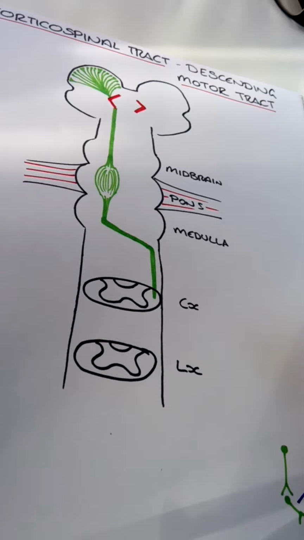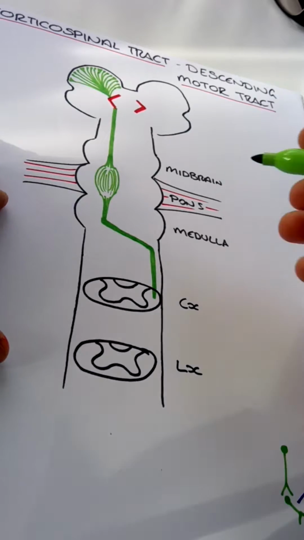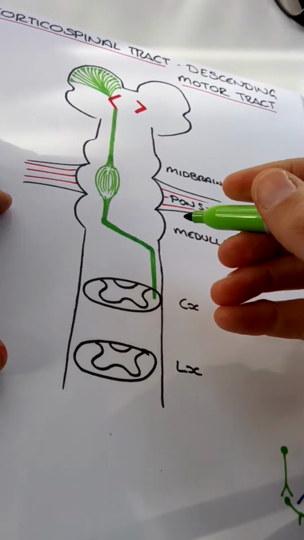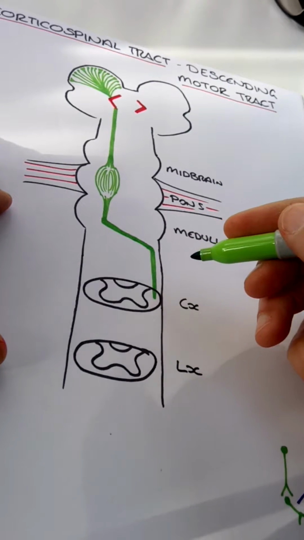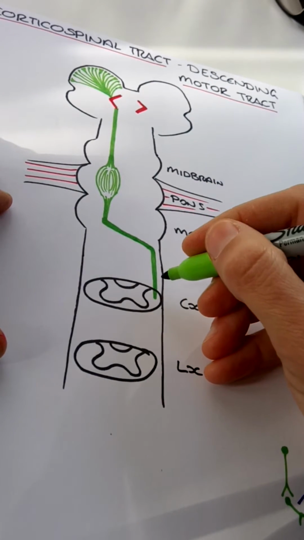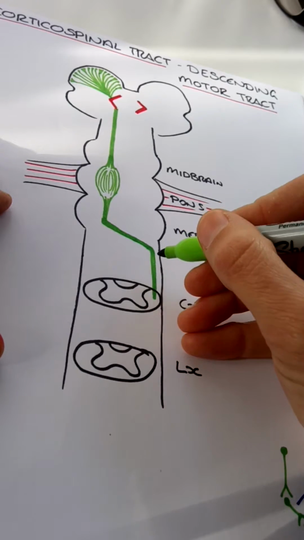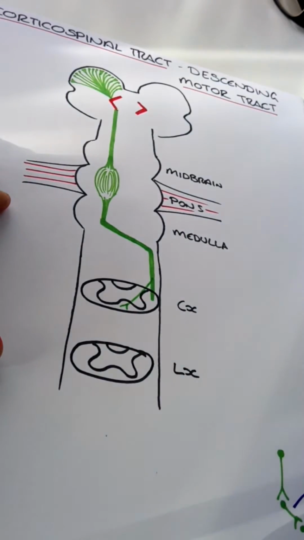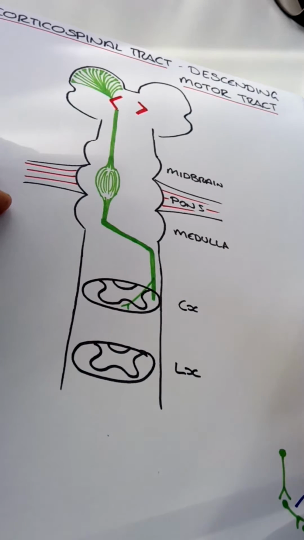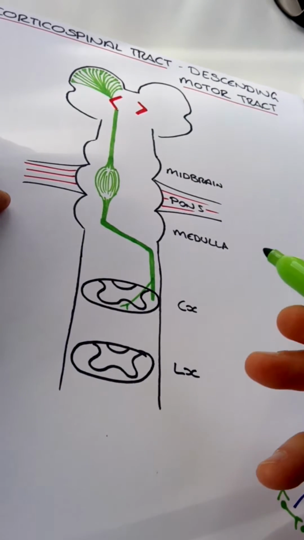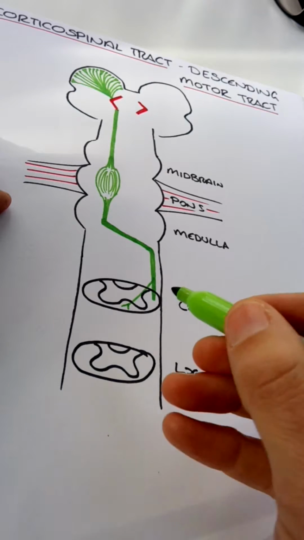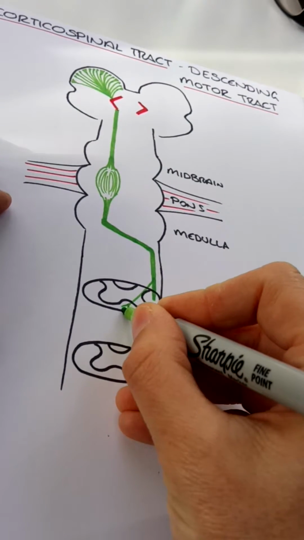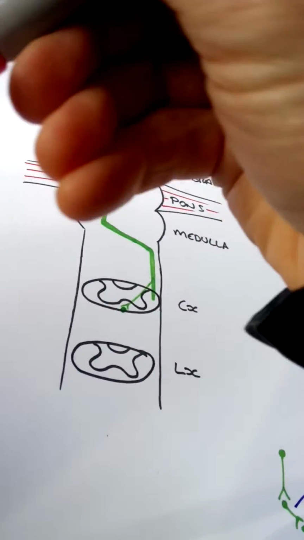So say here in our cervical region, one comes off here, and then you get a synapse, which we shall draw.